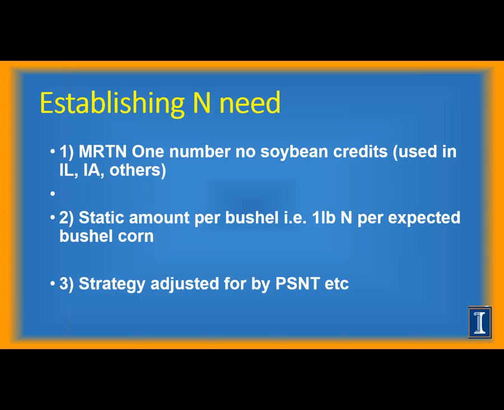So using that method, you would take credit for soybean, and we'll take a look at those values here in a little bit. So for instance, if you have a field that's projected to yield 200 bushels, you would want 200 pounds of N in some form to go into that agronomic situation. You may have scenarios where your strategy for nitrogen application is adjusted mid-season by a pre-side dress nitrogen test.